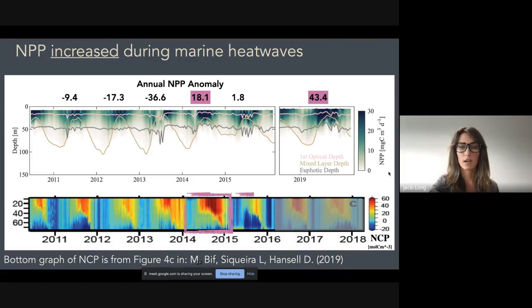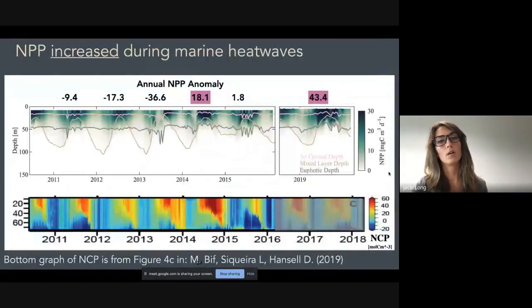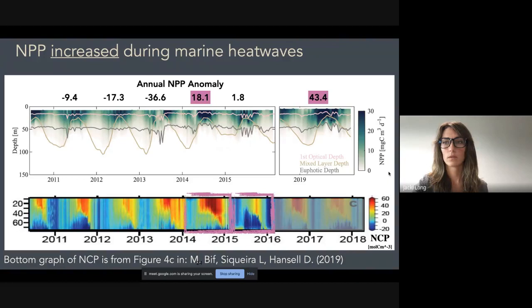And then that second year where NCP crashed in Biff's study, which is data taken from our 2019 paper, we see that NPP remains anomalously high. So this gets at NCP being driven more by the heterotrophic respiration rather than NPP directly.